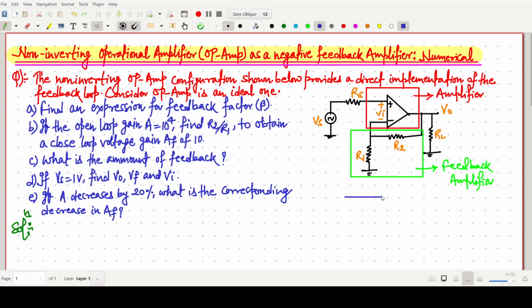Now, how can we draw the equivalent circuit for the op-amp? This one is plus minus, and this one is grounded, and this is Vi, with amplifier gain A. One can also put the source resistance Rs here, with the source Vs. Now there is a load connected, so we can directly put RL here.